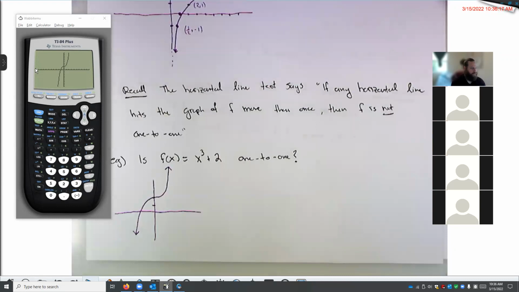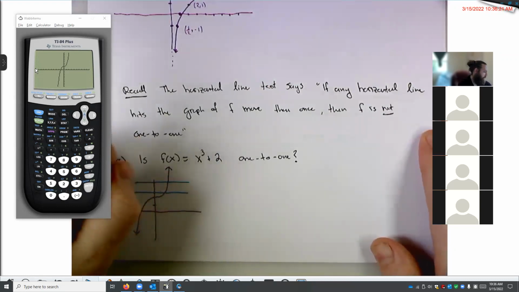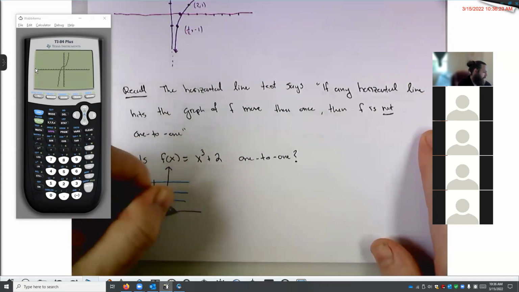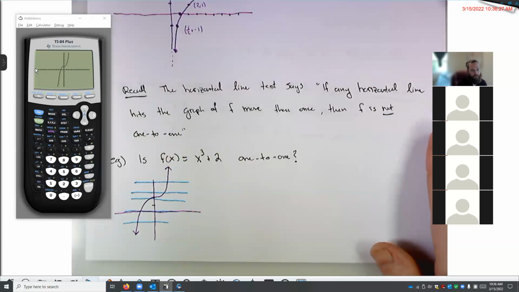And you can come in here and draw a bunch of horizontal lines. Do any of these hit the graph more than once? No. Correct, yeah.